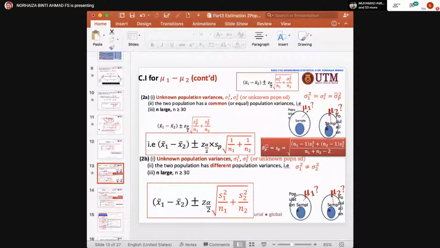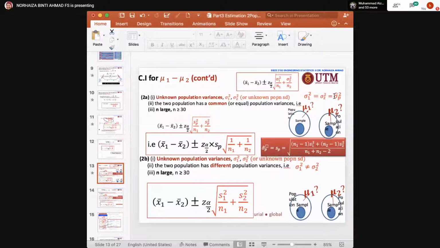However, both of these faculties are from a university. So therefore, on some level, the variation might be the same. Each one of them has its own population variance, but since we do not know the value, there is a possibility that they are the same.